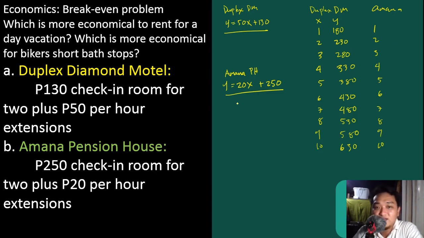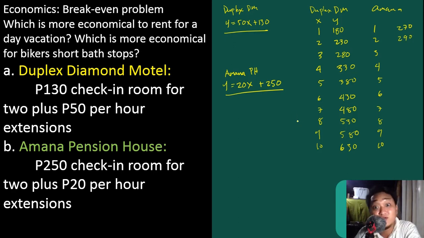Pag isang oras, that is 20 plus 250. So, that is 270. Pag 2 hours, that is 40 plus 250, that is 290.